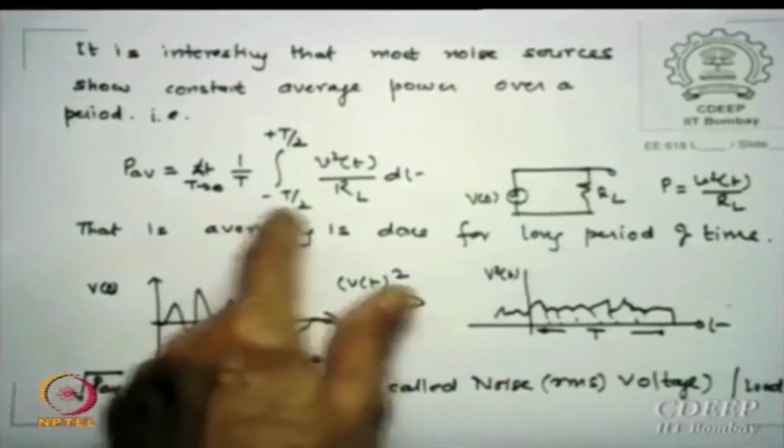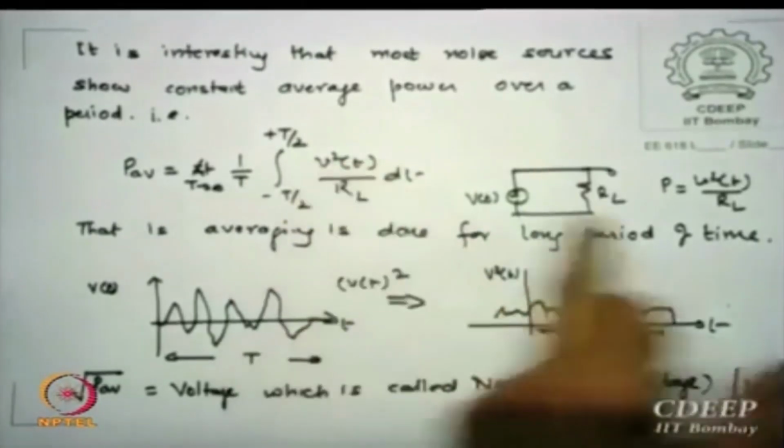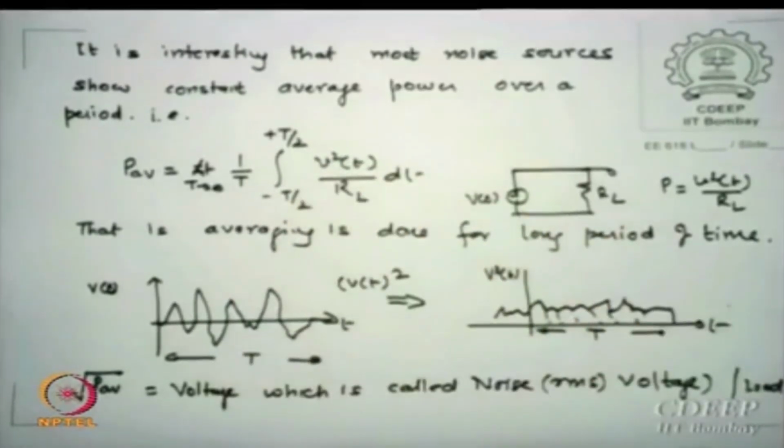So from minus T by 2 to plus T by 2, which is the period in which I am going to monitor, the integral of V square(t) by RL dt is the average power delivered to a resistor by noise V(t). Please remember this T has to be large to get reasonable averaging.